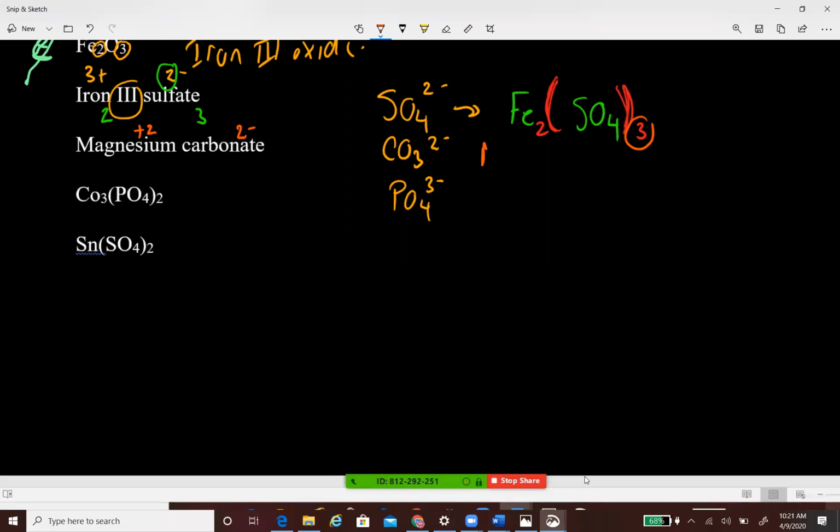You could just write MgCO3. You only need brackets when you have more than one polyatomic. So if you look at the next example over here, you'll notice that there are brackets around the phosphate because you have more than one phosphate. All right.